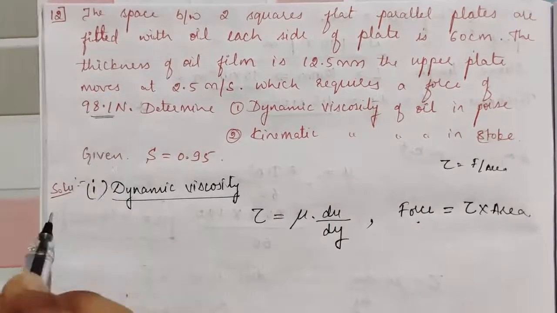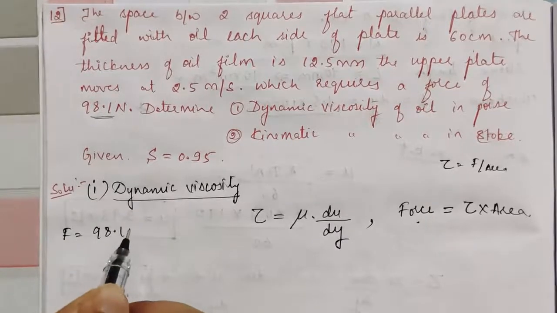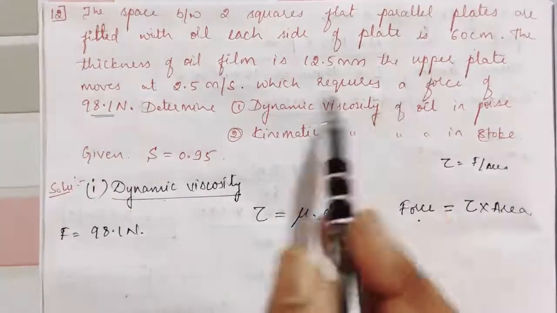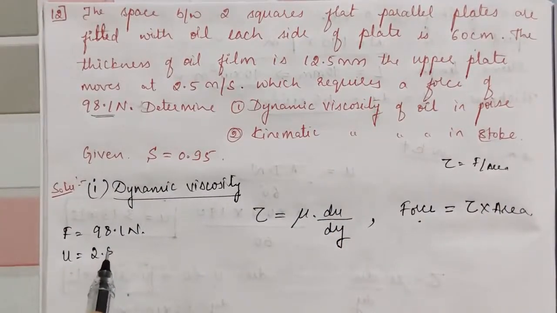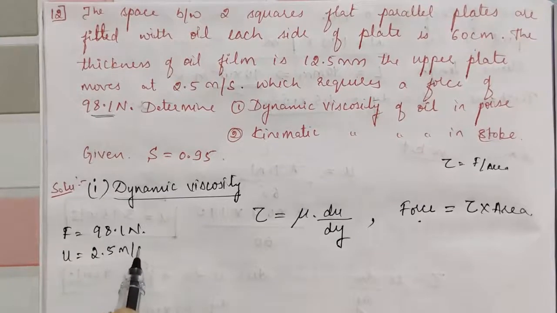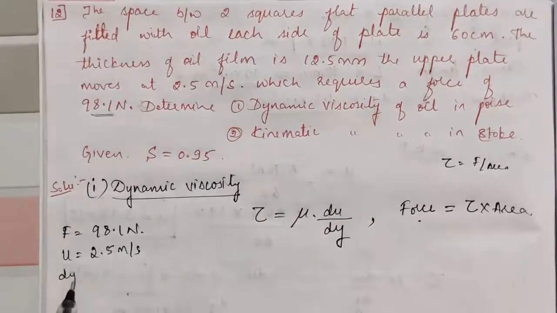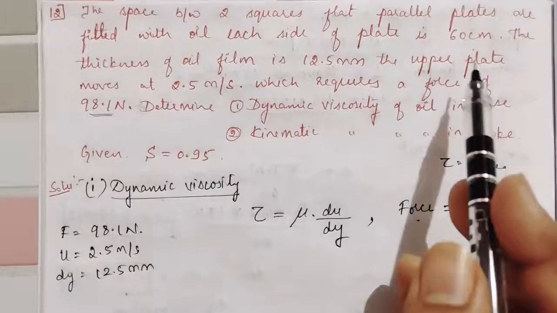Now, the force is given as 98.1 Newton. When this force is required, the upper plate moves, so U is given, that is 2.5 meter per second. Then the oil film thickness dy is 12.5 mm.